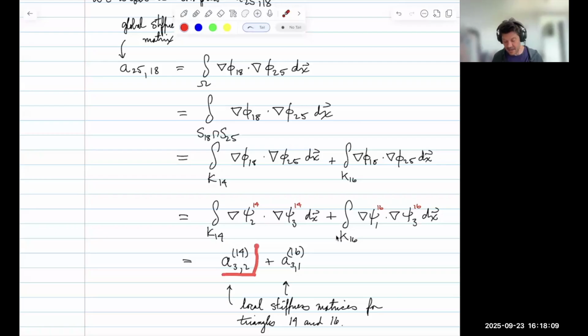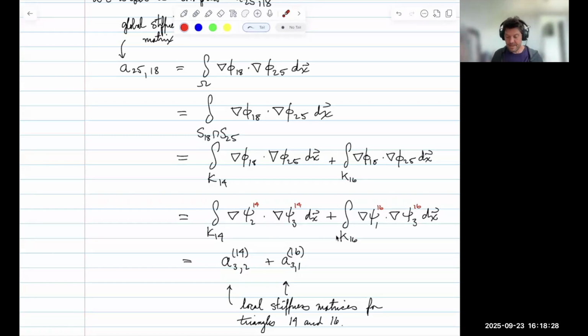So we're going to add this guy into the global stiffness matrix for this entry first. And then once we make it to triangle 16, we're going to add this guy in because 16 comes after 14 and we're looping over nodes in order. I hope that makes sense.